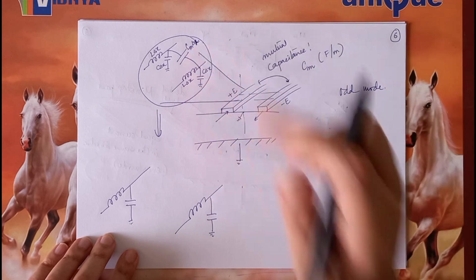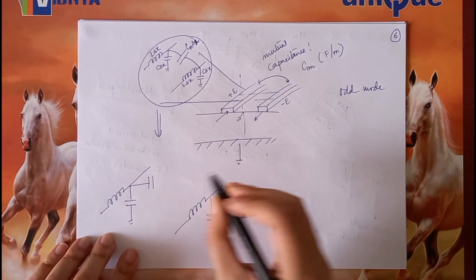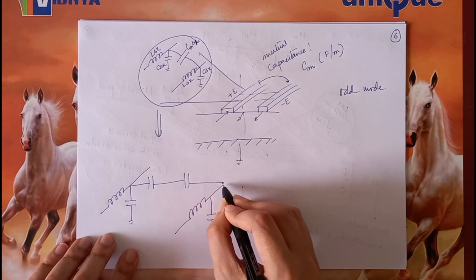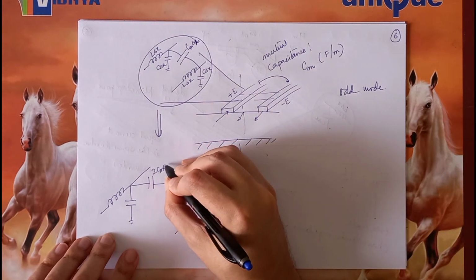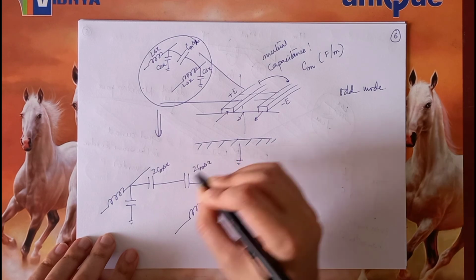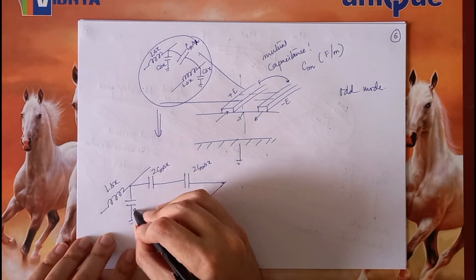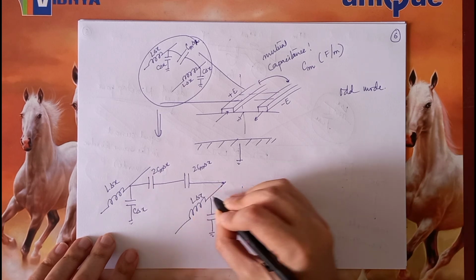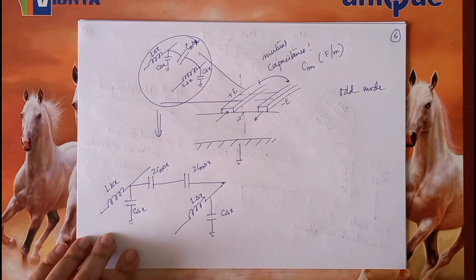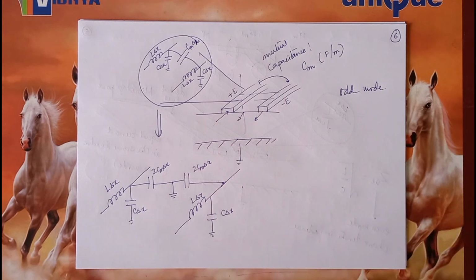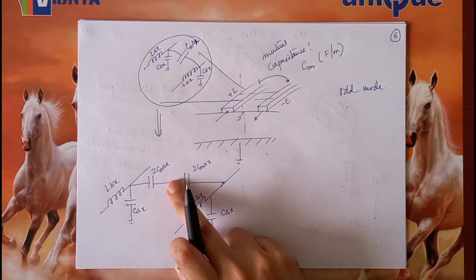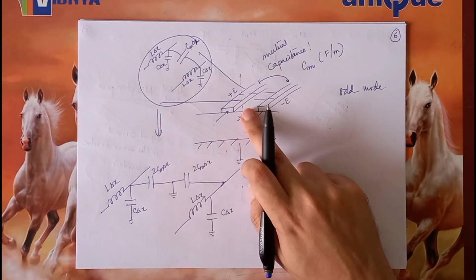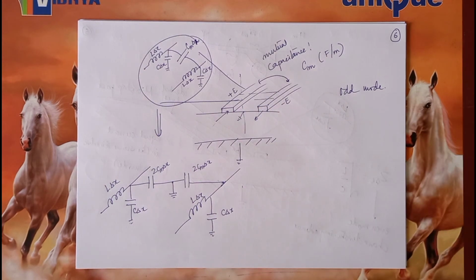Let's call them 2Cm and 2Cm. And here I have connected a ground because in the midpoint we have a virtual short. The electric field essentially is becoming zero in the middle.